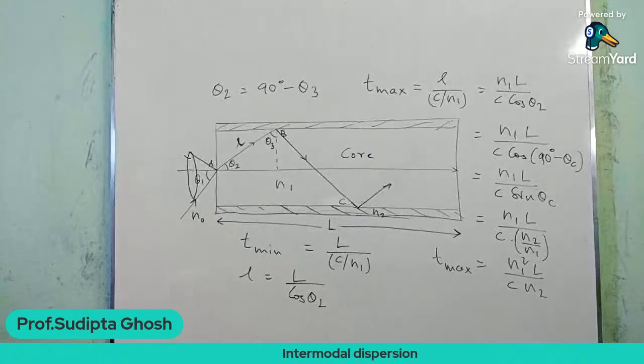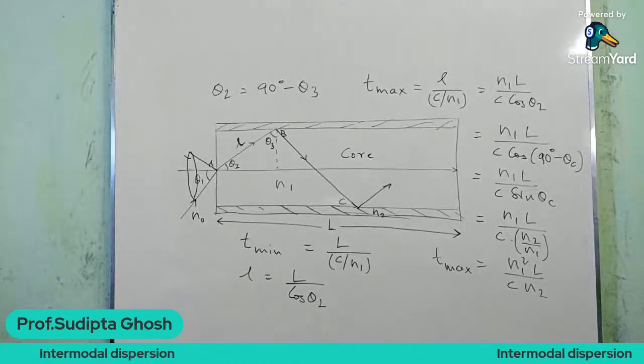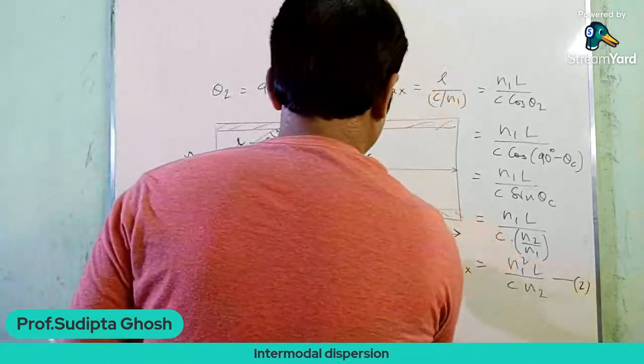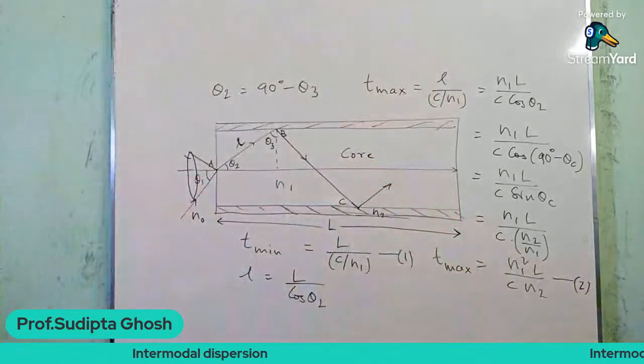The value is T max equals L n1 square by c n2. Let it be equation number 2, and T min must be our equation number 1.